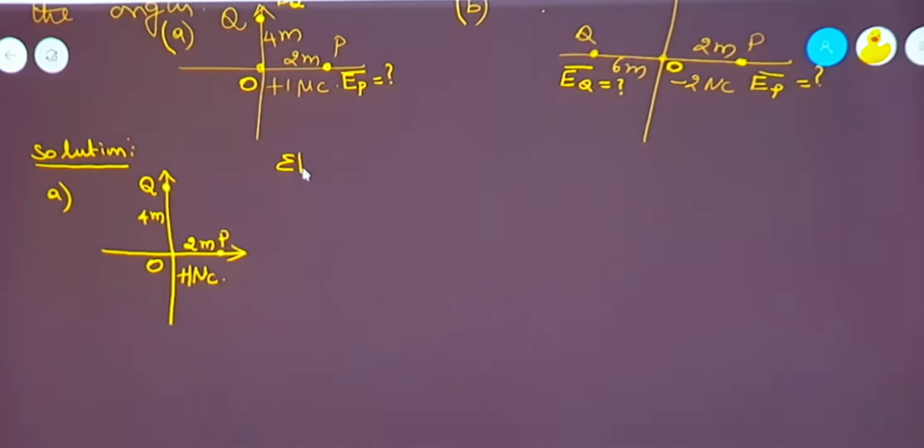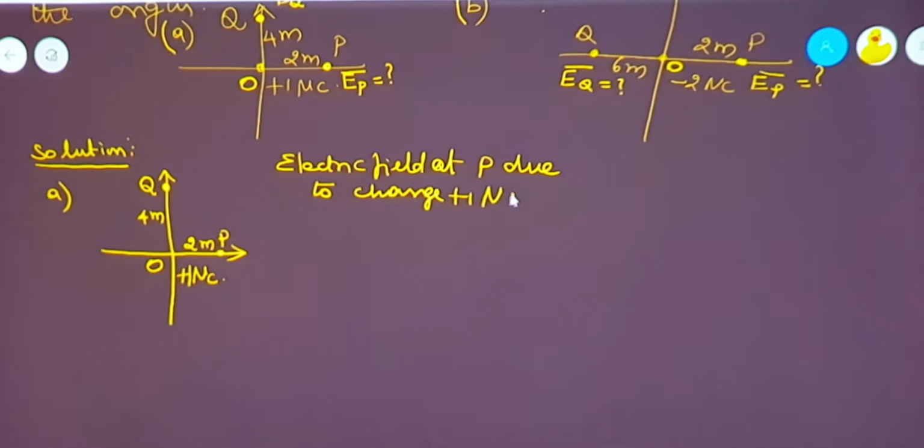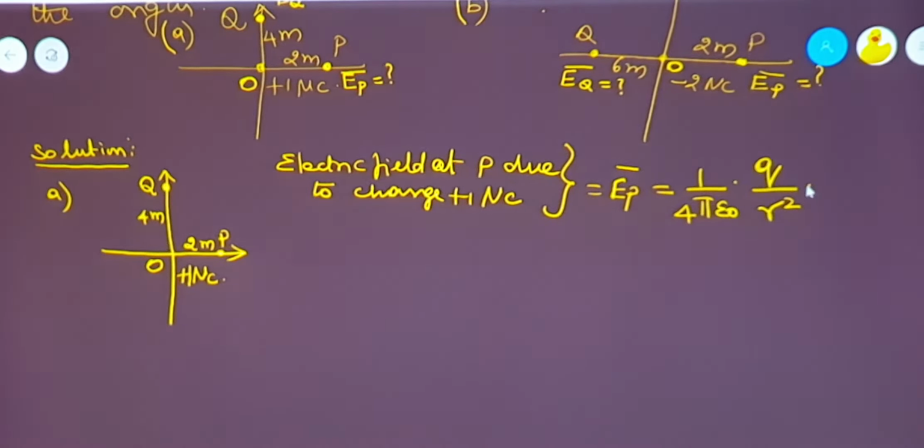First of all, I am considering the point P. So let us calculate the electric field at the point P due to the charge plus 1 microcoulomb. Let us write this as EP vector, which is equal to, see what is the formula? 1 by 4 pi epsilon 0, the charge available Q by square of the distance r.